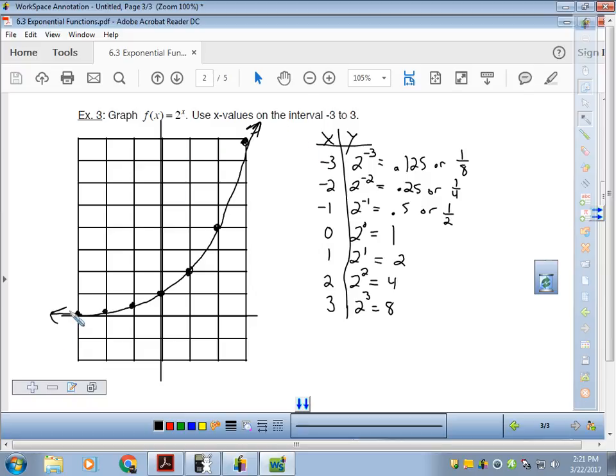Now you might notice this arrow, I didn't make it point down, I made it point to the left. That's because as we go down, we will get closer and closer to 0, but we'll never actually touch 0. Like as you make x become more and more negative, those fractions are going to get smaller and smaller.